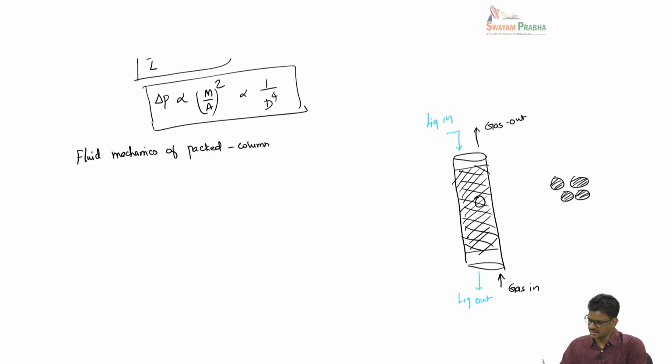The gas will try to find a porous path to go in, and the liquid will find the same pore volume to go out.